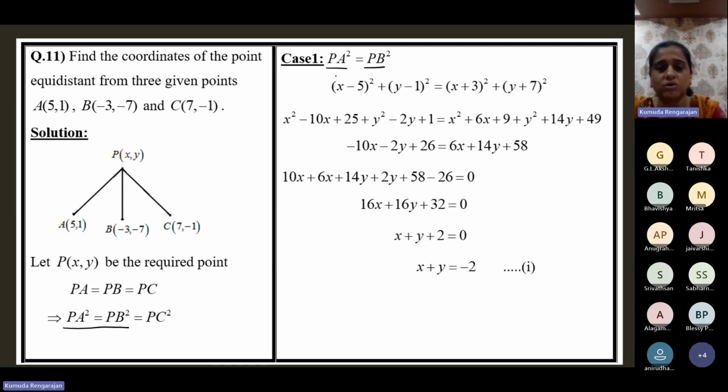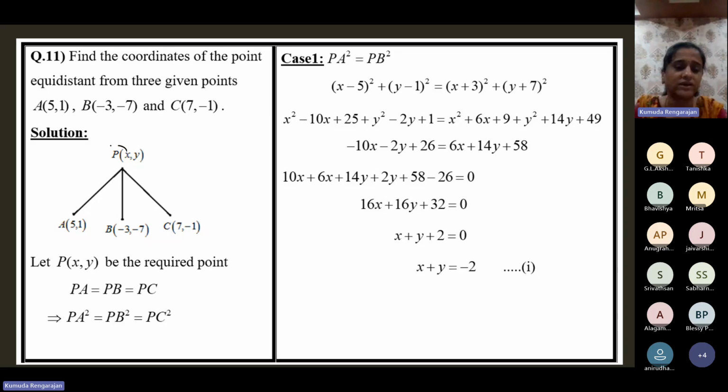You know how to find PA using the distance formula with the coordinates of P and A. You don't have to show the square root symbol because it is PA squared, so you don't need it on both sides. The difference between the x coordinates, the whole square, plus the difference between the y coordinates, the whole square.